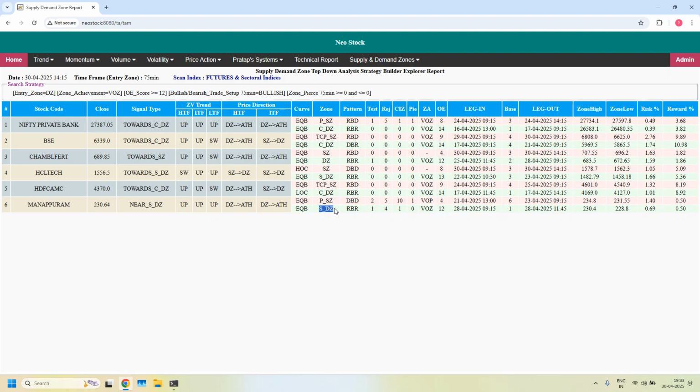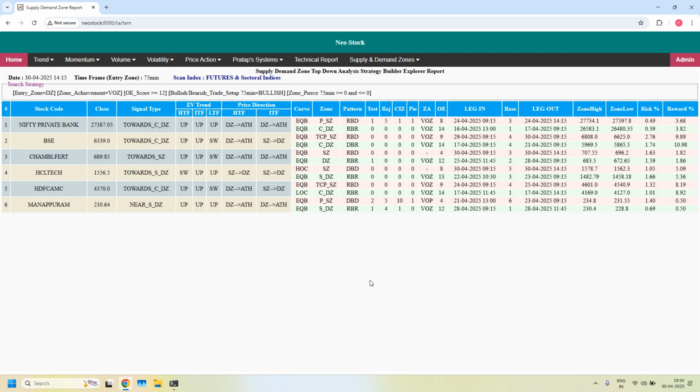And the entry time frame zones are 75 minutes demand zones. So we got 6 75 minutes demand zones. Out of these 6, how many are having more high probability to get success? That we will filter based on the zone confluence.